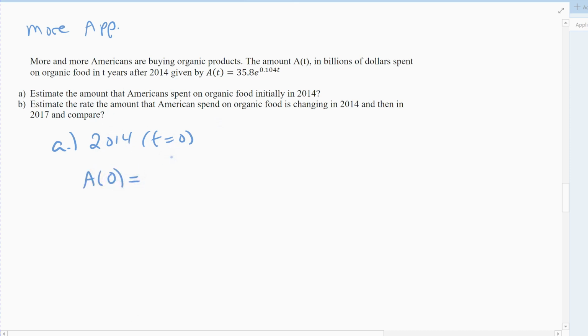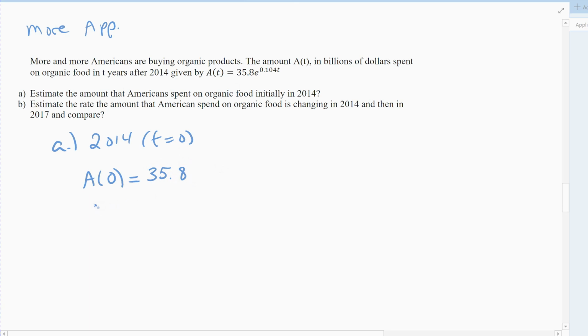What students will do is they'll take the derivative in this case and plug it in, but that's not what part A is asking for. Part A is literally asking for the value of my function at zero, the start time. Well, the value of the function at the start time is that number out front.